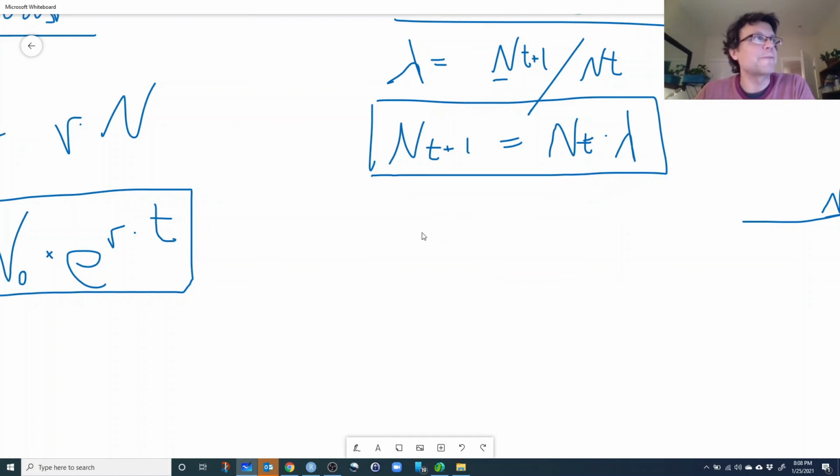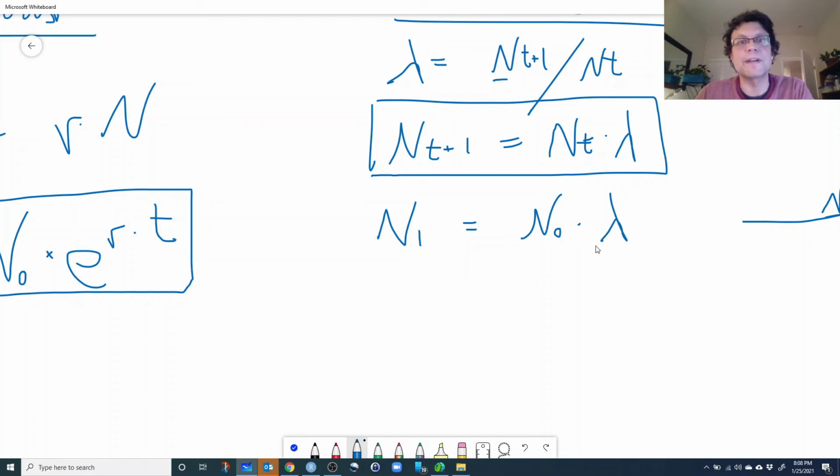We can say, okay, at time t plus 1, we start with the initial population size and multiply it by lambda in order to get the population size at time 1. All right. So another way to represent that is just to say, okay, the population size at time 1 is equal to the population size at time 0 times lambda. All right. What about the population size at time 2?